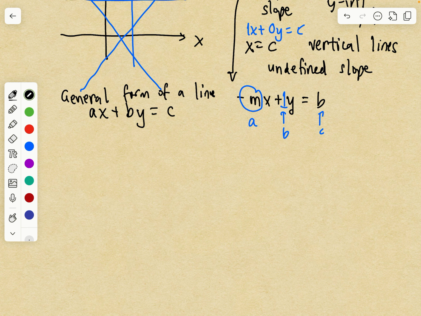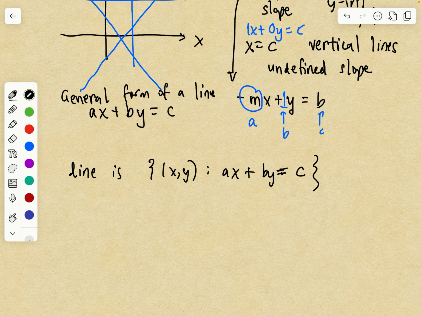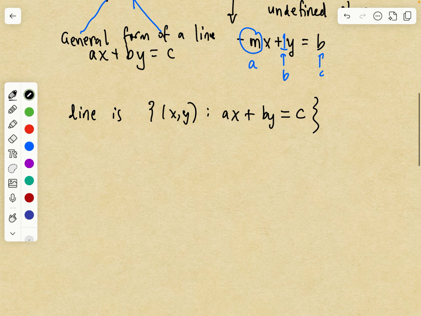By the way, when we have this equation, we really mean the set: the line is the set of x and y satisfying the equation ax plus by equals c for those constants a, b, and c. The line is the graph of this equation, the set of points x, y that satisfy it.